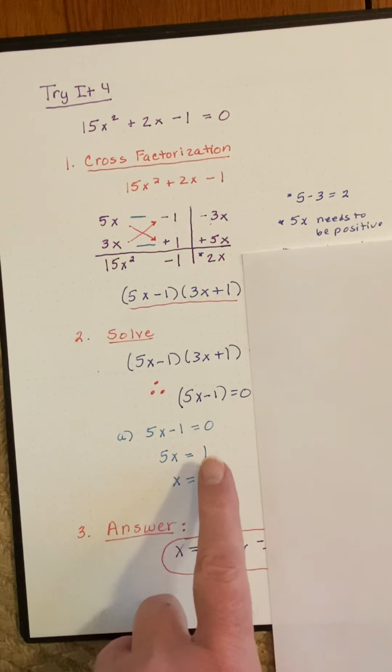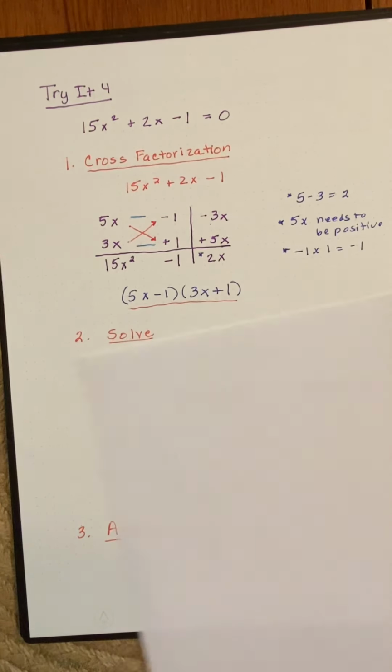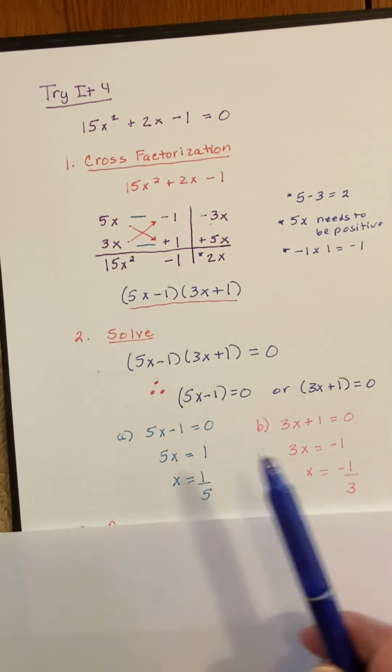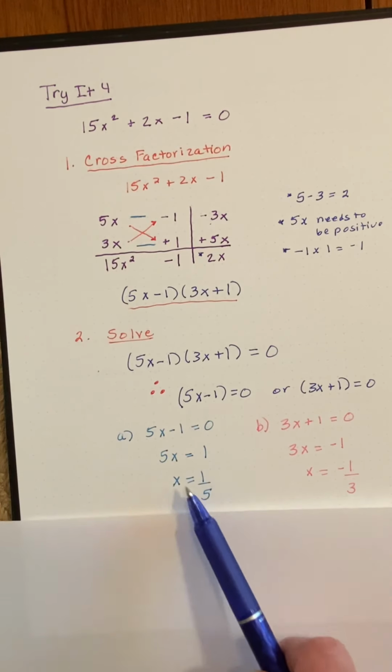So 5x minus 1 equals 0. I just even out the sides. It's 5x equals 1. X is 1/5. The other one, 3x plus 1 is 0. 3x equals -1. Therefore, x equals -1/3. Remember how to work out the sides. Bringing this over, I add 1, divide through by 5.